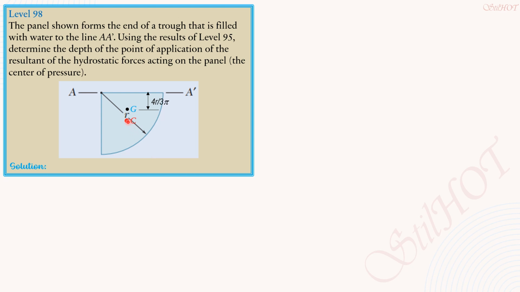But what is important is the vertical distance of C from the water line level, which is at AA'. And we will denote that by h sub c.